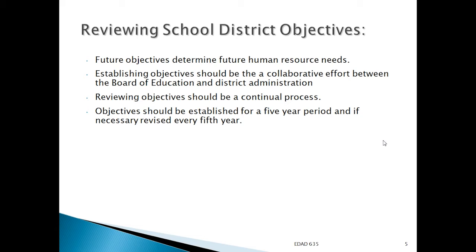So as an effective personnel manager and also manager and leader of an educational organization, you have to keep constantly assessing that question of allocation. Am I doing this as effectively and efficiently as I can?